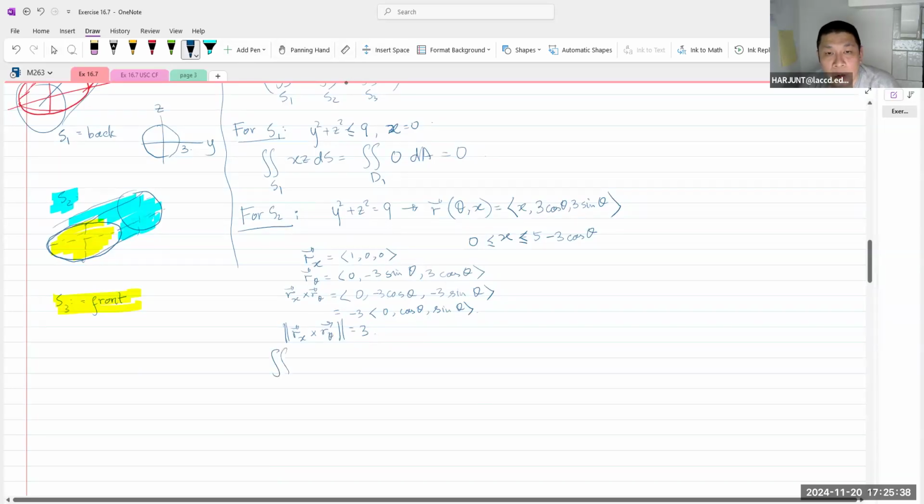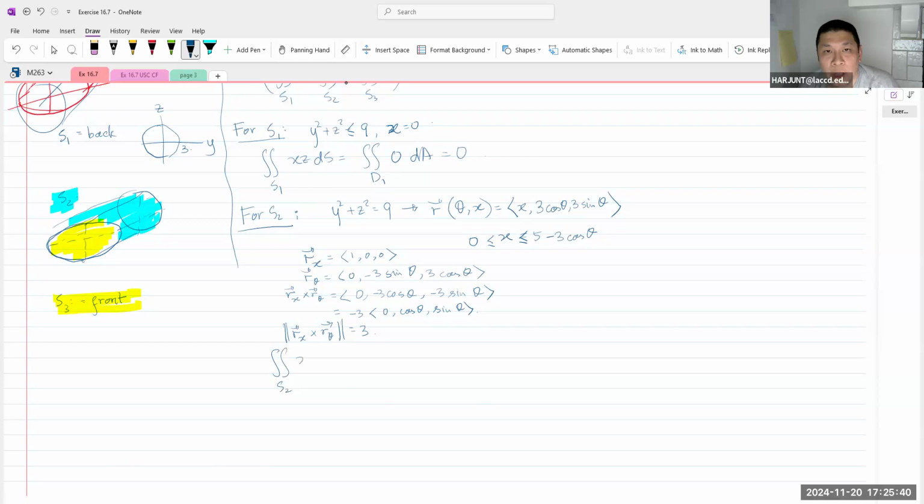Now what happens to the integrals? The double integral over S2 of xz dS will be a double integral where theta goes from 0 to 2 pi and x goes from 0 to 5 minus 3 cosine theta.